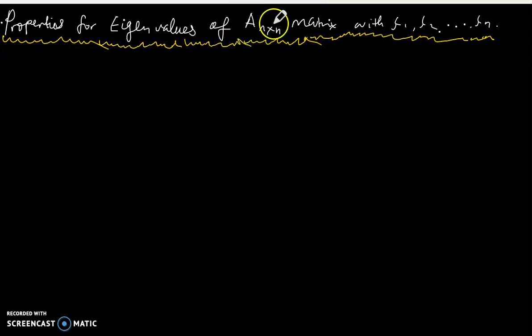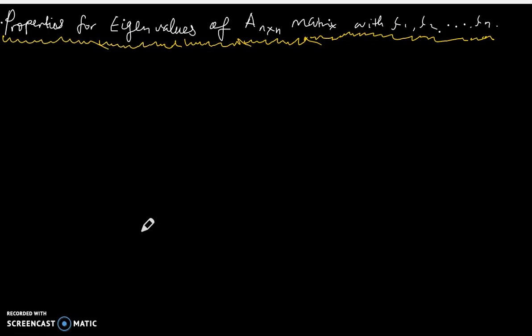So we are looking at the properties of the eigenvalues of matrix A. This matrix A is an n by n matrix with 3 values. So we are looking at the properties of eigenvalues of a square matrix, and this square matrix is a 3 by 3 matrix with lambda 1, 2, and 3.